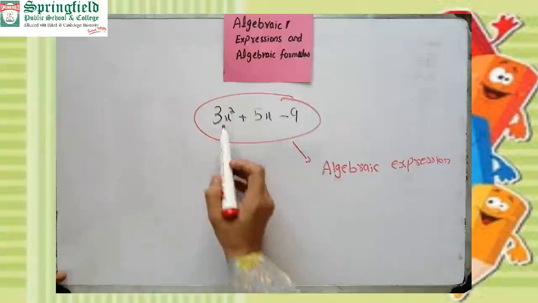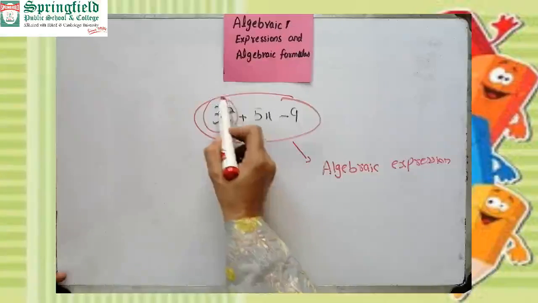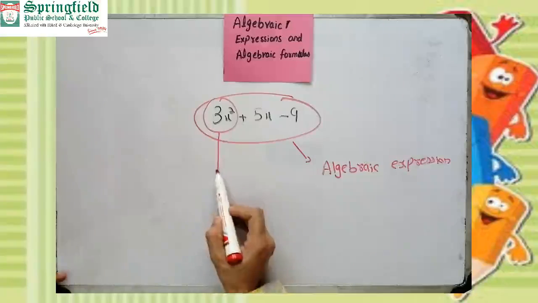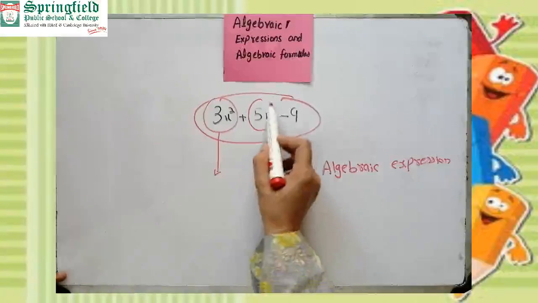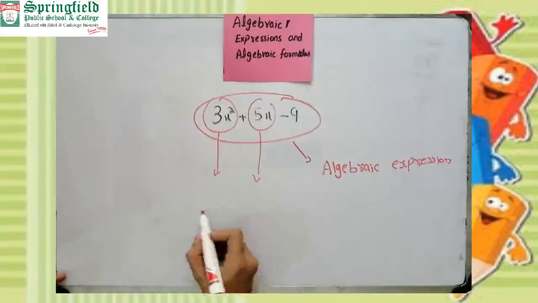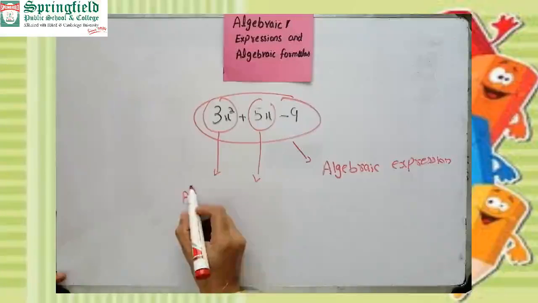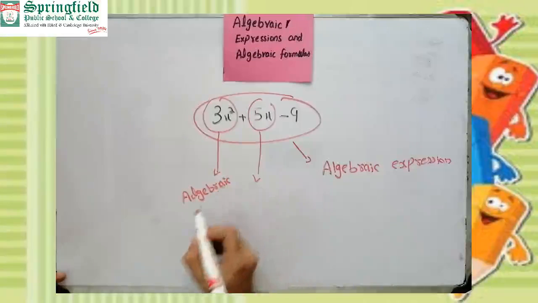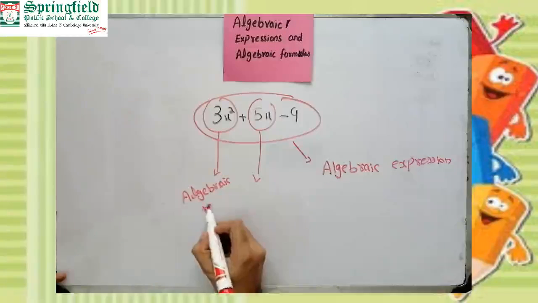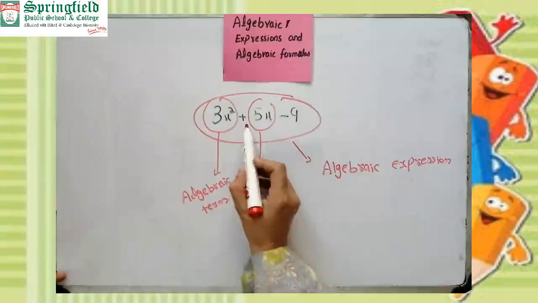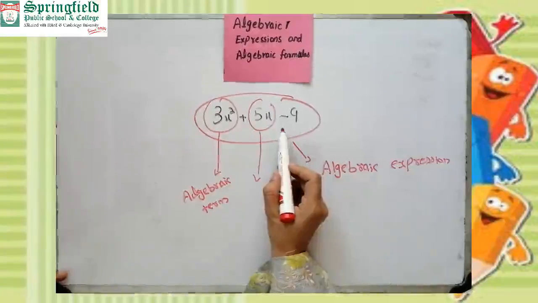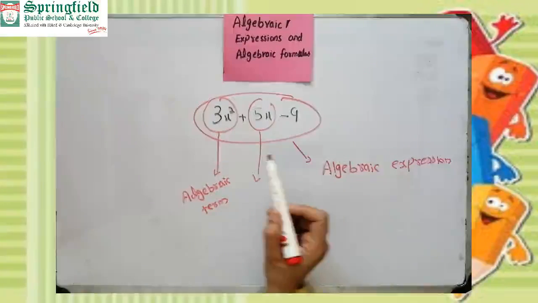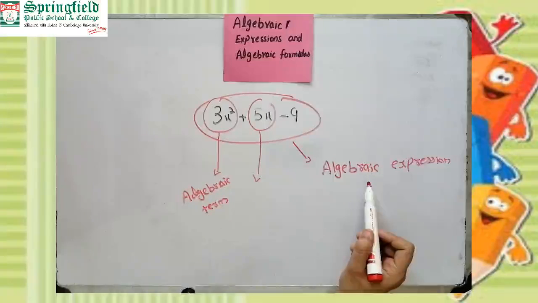Why? Because we already learned in grade 7 that these terms are called algebraic terms, and plus and minus are called operations. So how can we define an algebraic expression?